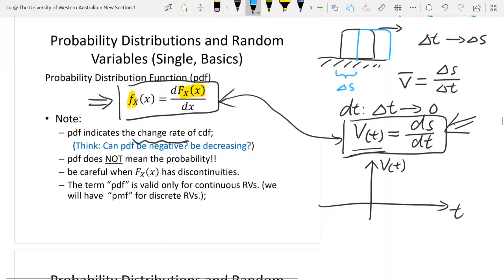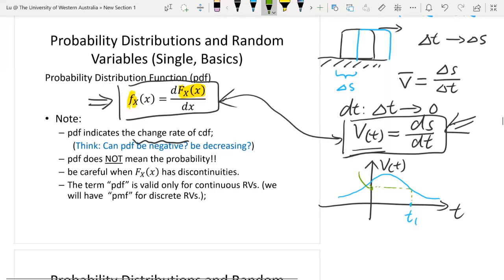So let's say we have such a curve for this velocity. At a particular time t1, we will be able to find what is the value of the velocity at this moment.